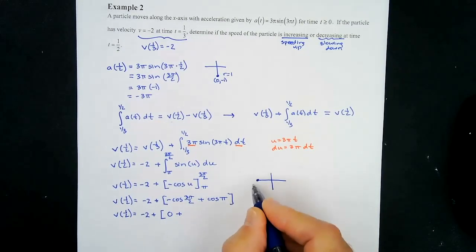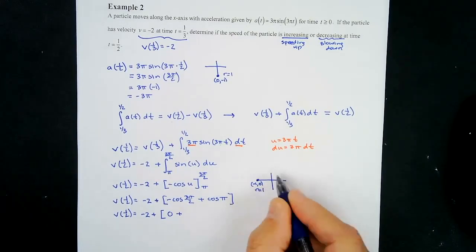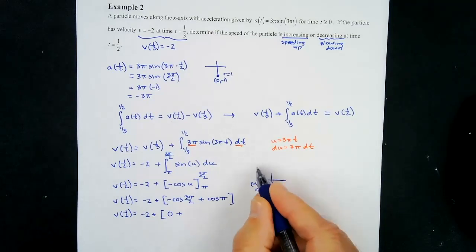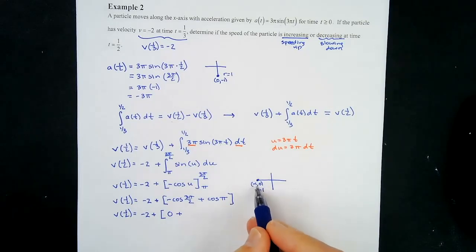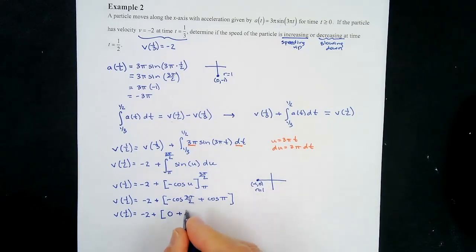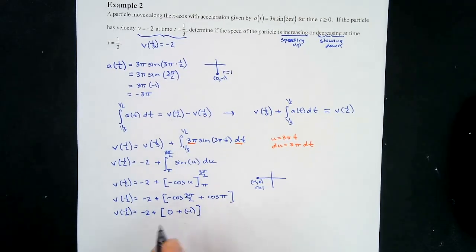And because it lands right there, I'm going to make my x be -1, my y be 0, and my r is going to be 1, because that's the radius of the circle that this point's going around. All right, so then cosine is x over r. So my x is -1 and my r is 1. So that makes this -1. So basically what we have is -2 plus -1, right? Which is -3.